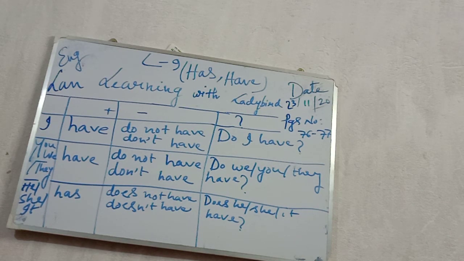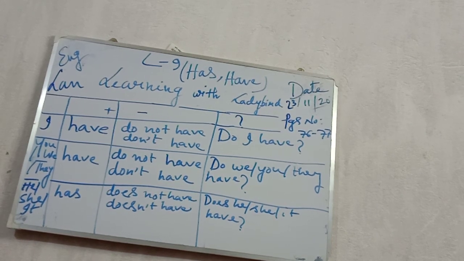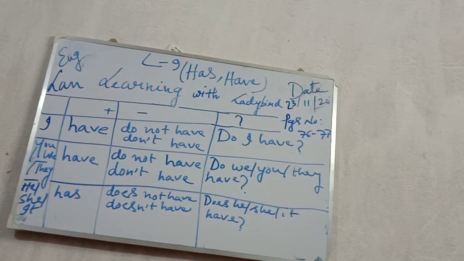And then, while making questions, see next, Natalia does not have an apple. Then making a question, see, does Natalia have a cake? Yes. The answer has been given.